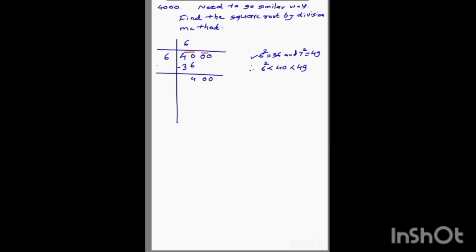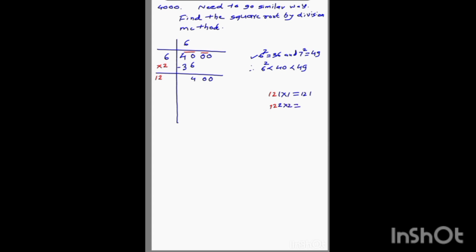Now this 6, multiply it by 2. 6 into 2 is 12. So see on the right hand side, I have written 12. 121 into 1 is 121. Next digit, 122 into 2. So you have to always go on increasing the digit and multiply by the same digit after 12.